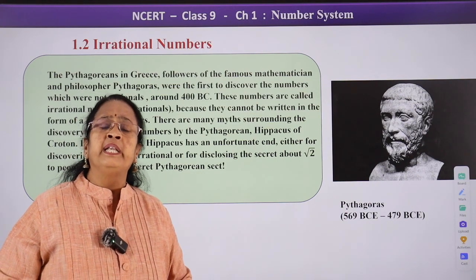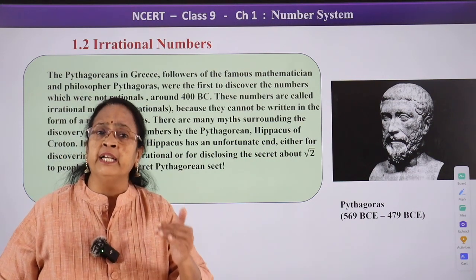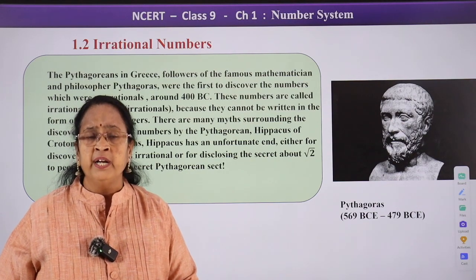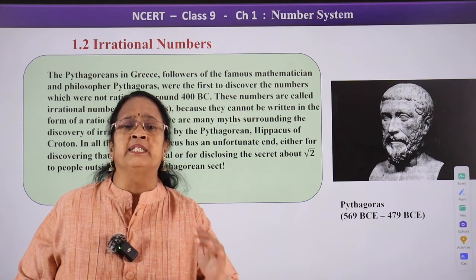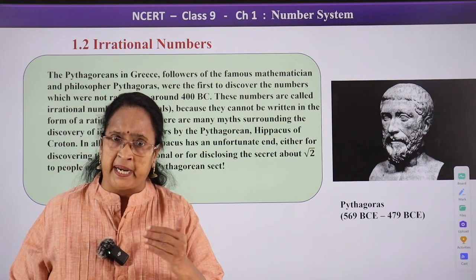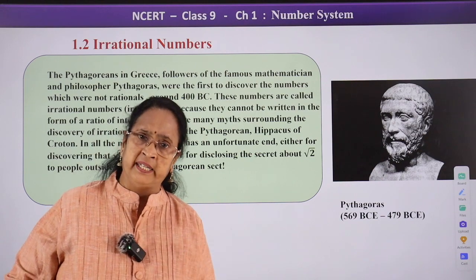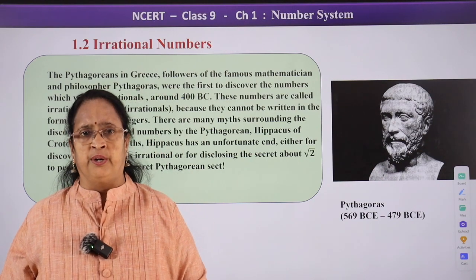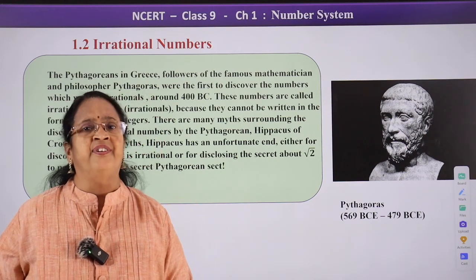So those numbers which cannot be written as a ratio of two integers, in the form P by Q, A by B, where the denominator Q or B is not equal to 0. Otherwise, if it is equal to 0, it is not defined.